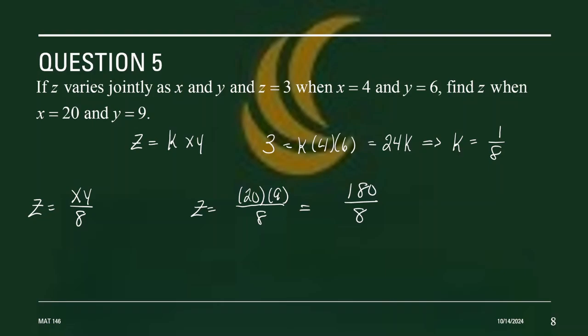So we look at the last two digits of 180, it's 80. That's divisible by 4, which means 180 is divisible by 4. It's 45, which is not divisible by 2, so there you go, 45 halves.